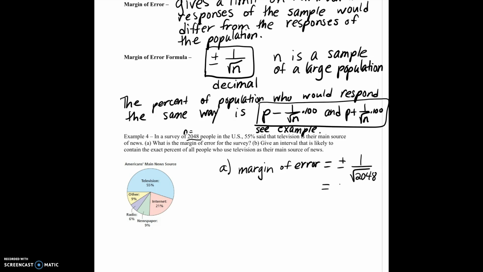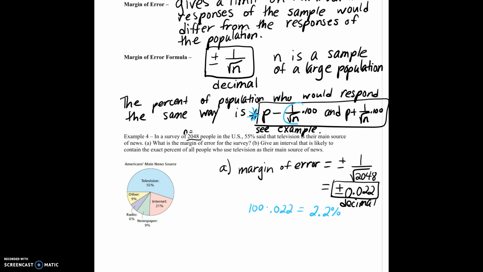And that gives us a decimal of plus or minus 0.022. So that's your decimal margin of error. And just like we had talked about up top here, you want to multiply that by 100. So if you did 100 times 0.022, you're going to get 2.2%.